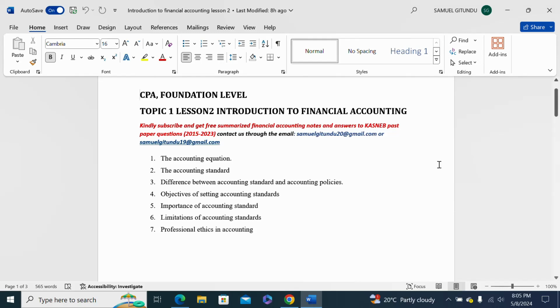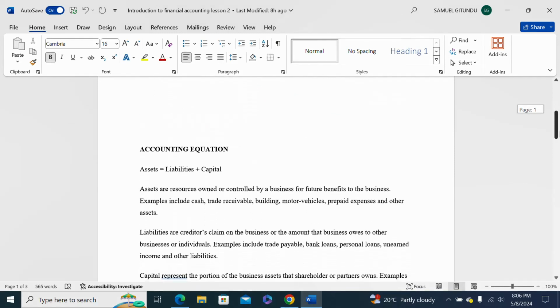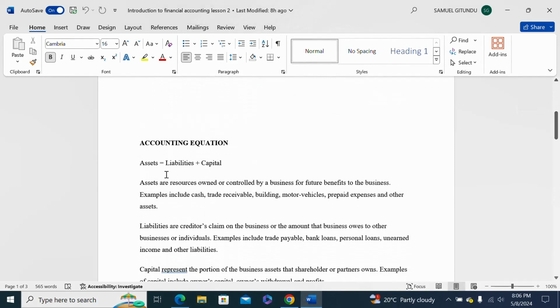Now, let us first start with the accounting equation. We usually say that the accounting equation is the most basic thing that every accountant must know. It is very simple: assets equal liabilities plus capital.